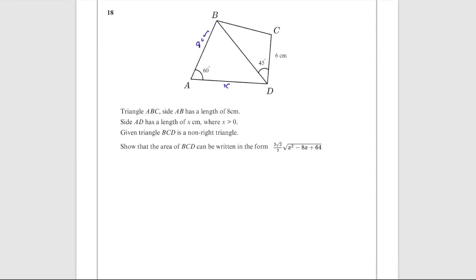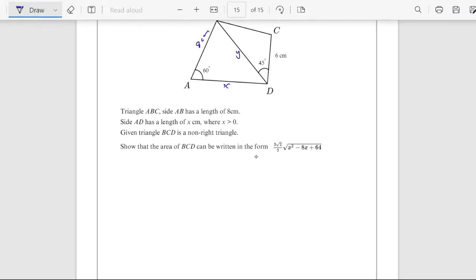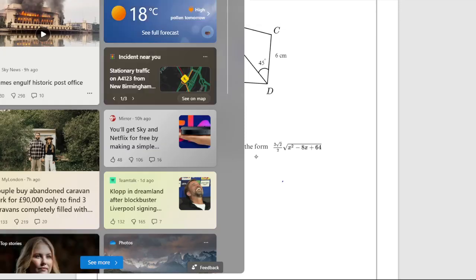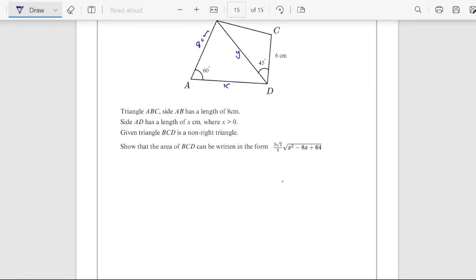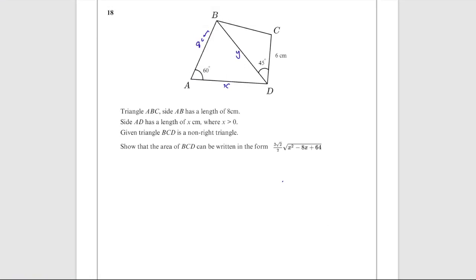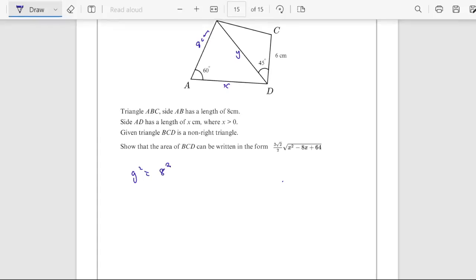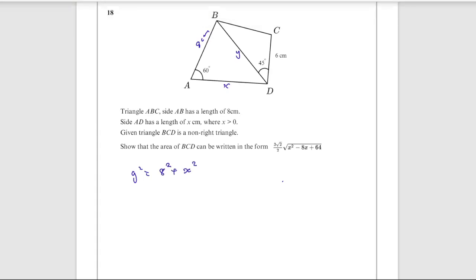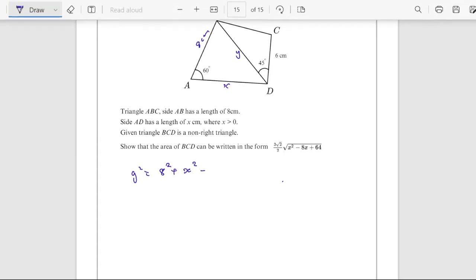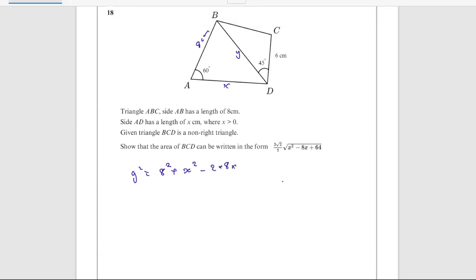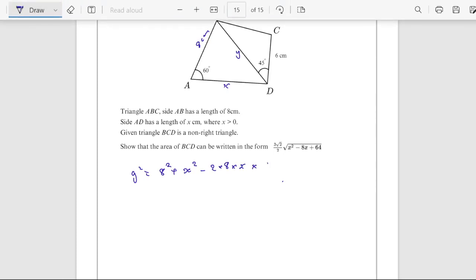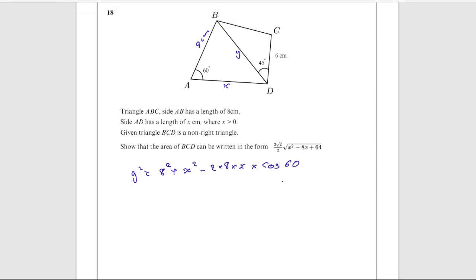Okay, so I'm going to work out this length here first of all, which I'm going to call y for now. So using the cosine rule, I'm going to say that y squared is going to be equal to 8 squared plus x squared minus 2 lots of 8 times by x times by cos of 60.